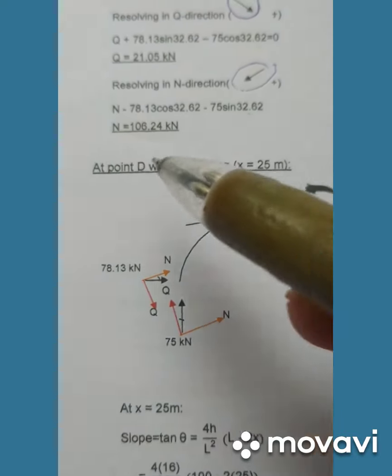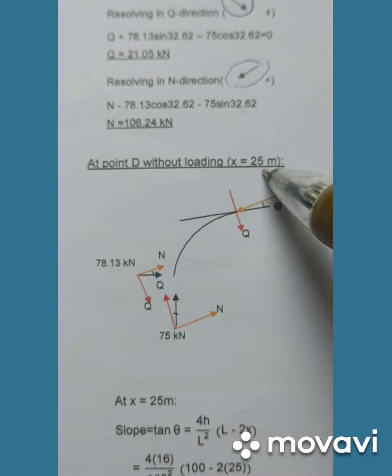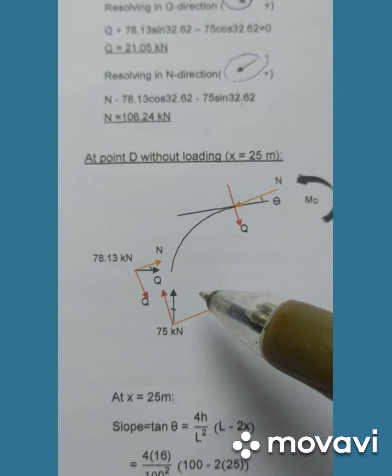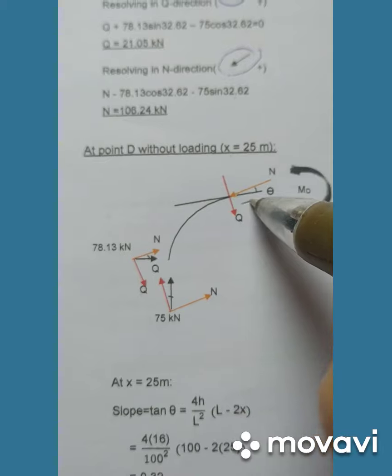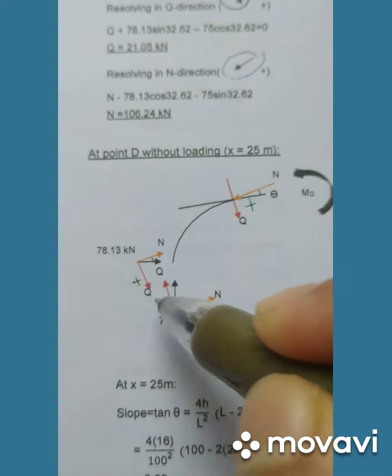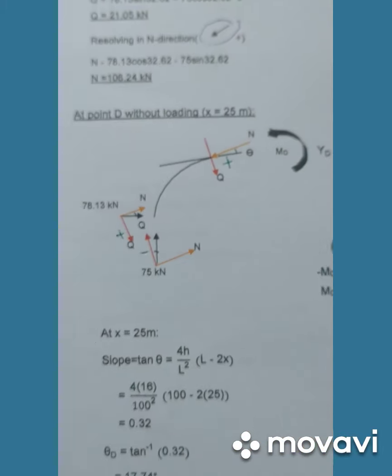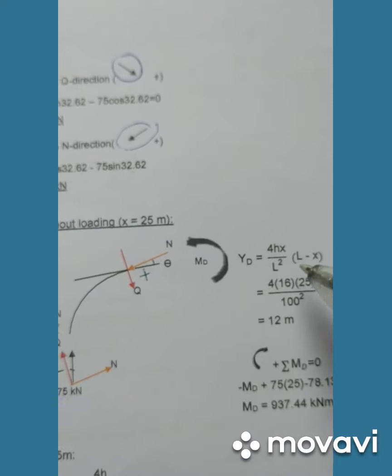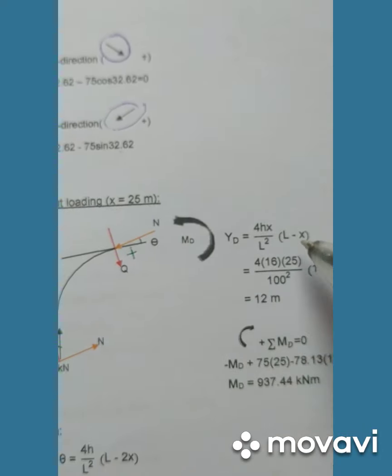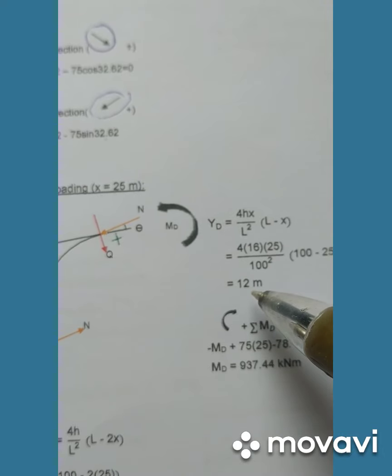So point D is x equal to 25 meter. Q is positive in this direction, so this one is positive, this one is negative. Okay, sorry, first you have to find out the y.